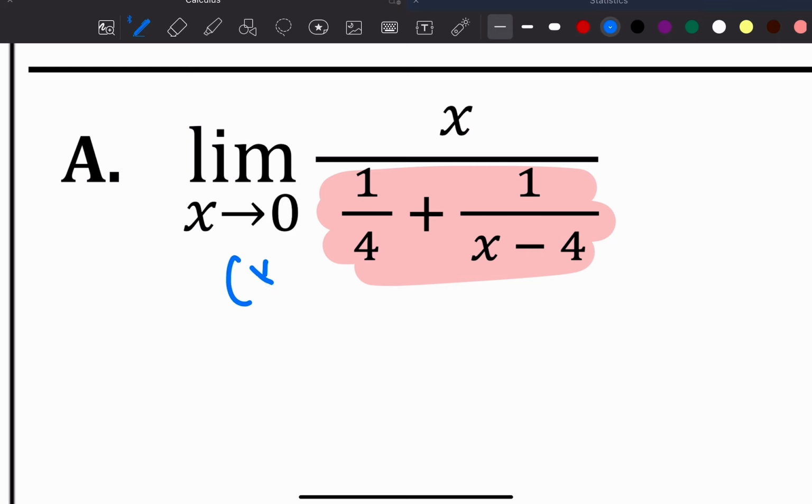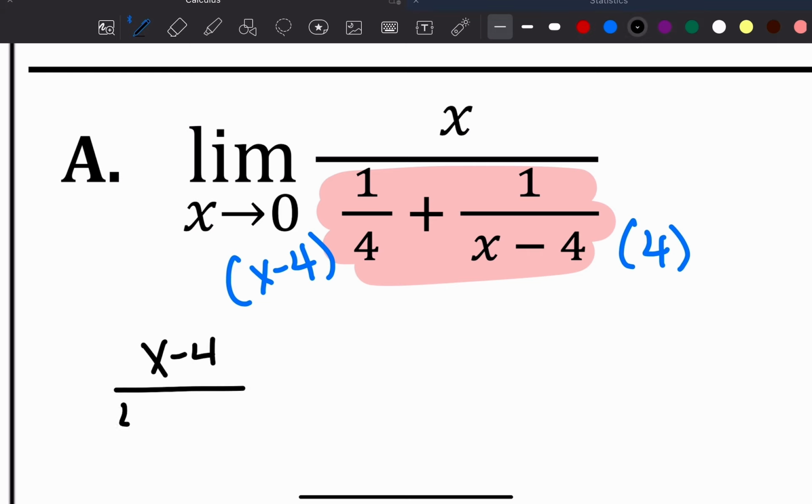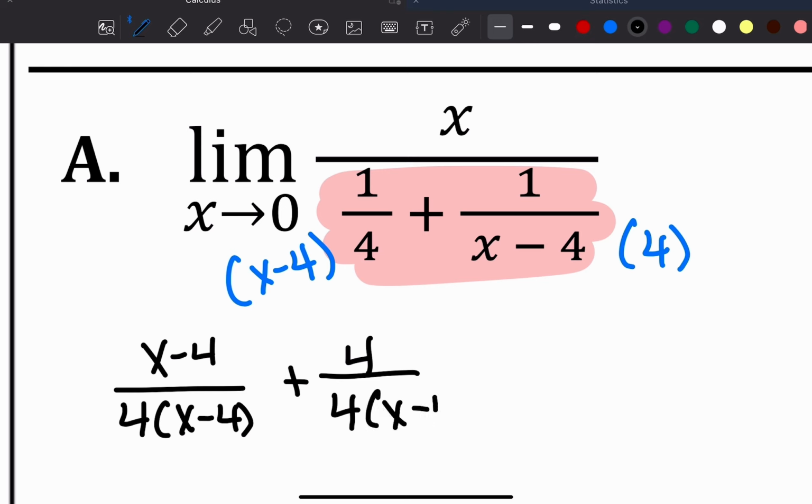So this is going to be x minus 4, both top and bottom, and this is 4. So I have x minus 4 over 4 times x minus 4 plus 4 over 4 times x minus 4, which gives me x over 4 times x minus 4. That is just the denominator.